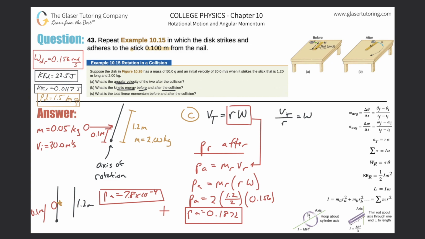We add them together. So take the values, add them together, 7.8 times 10 to the minus 4, and voila. So here we have the total momentum after. Total momentum after will be this answer. It will be 0.188 kilogram meters per second.